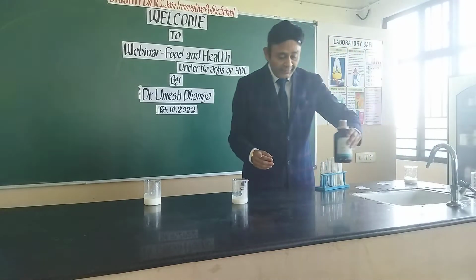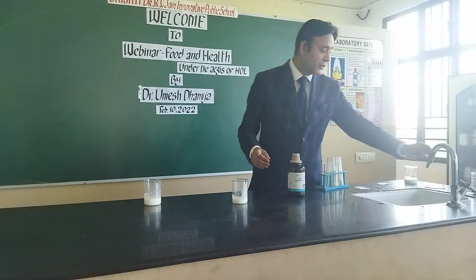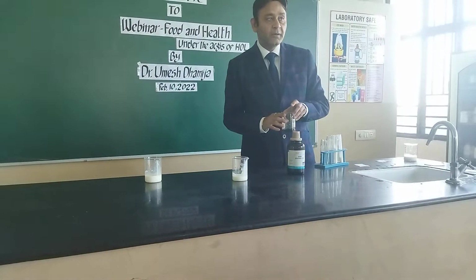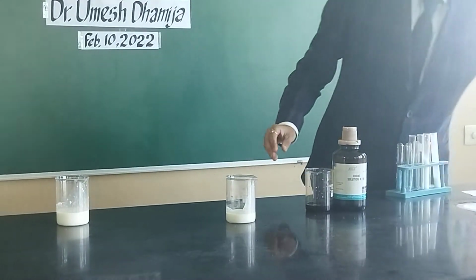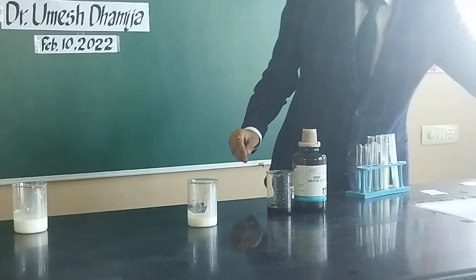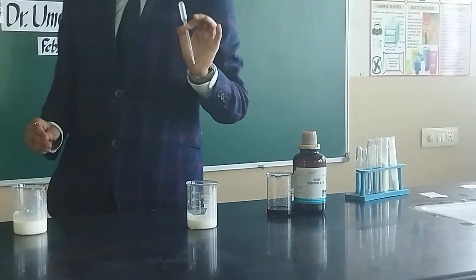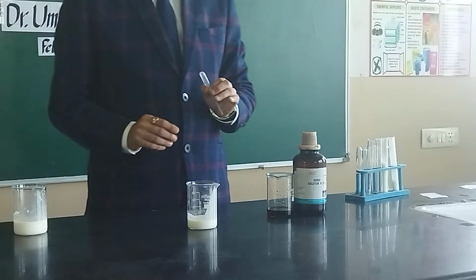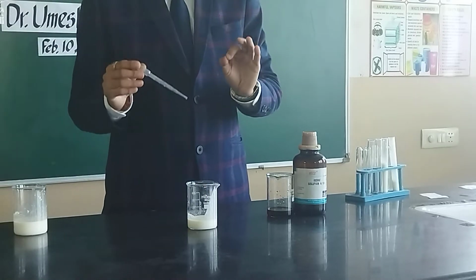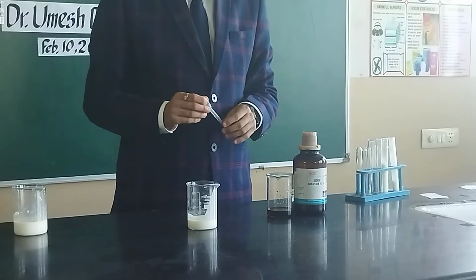So let us understand how to detect the starch in the given sample of milk. Here I have got iodine solution from my lab. For you people who are testing the milk at home, they can get tincture of iodine from any medical shop, it is easily available.